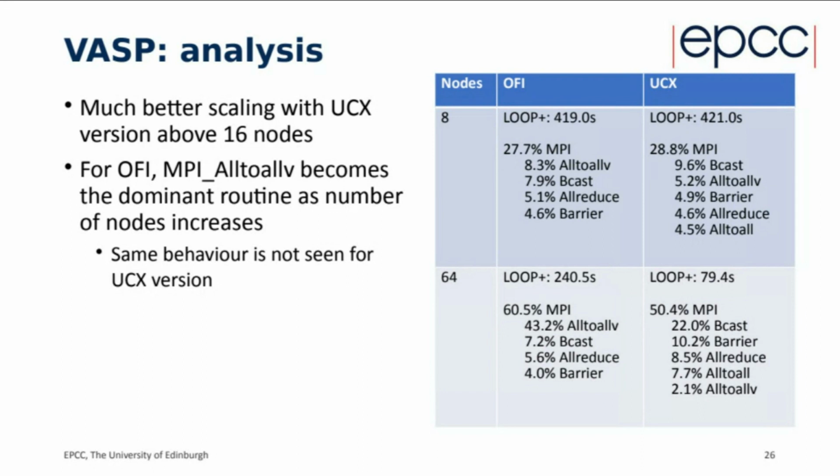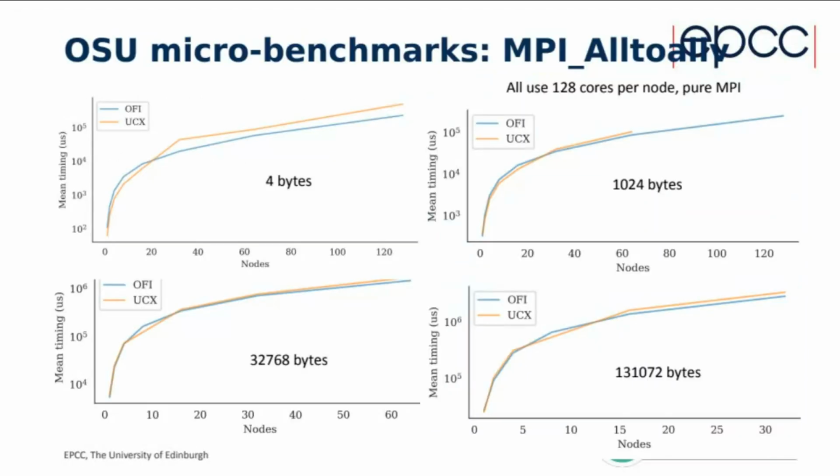So we took the synthetic OSU benchmarks and ran with OFI and UCX at a variety of different data sizes to see if we could spot any sort of difference here. And as you can see from these plots, these are timings this time, so higher is worse performance, so they're slightly different from the other ones.